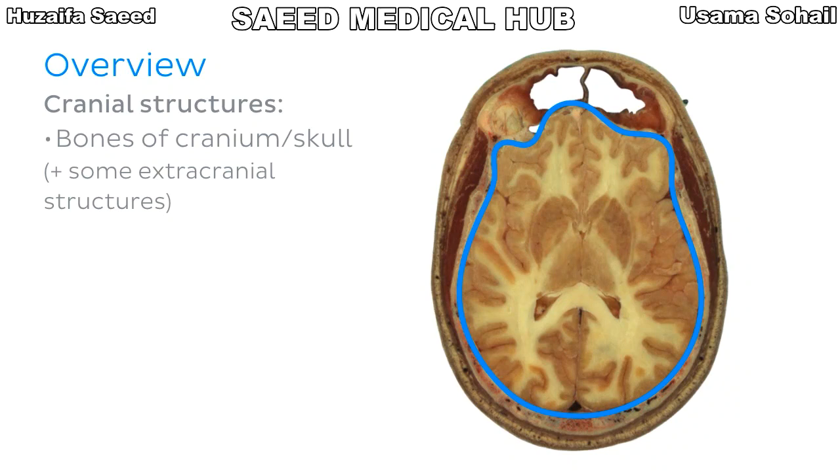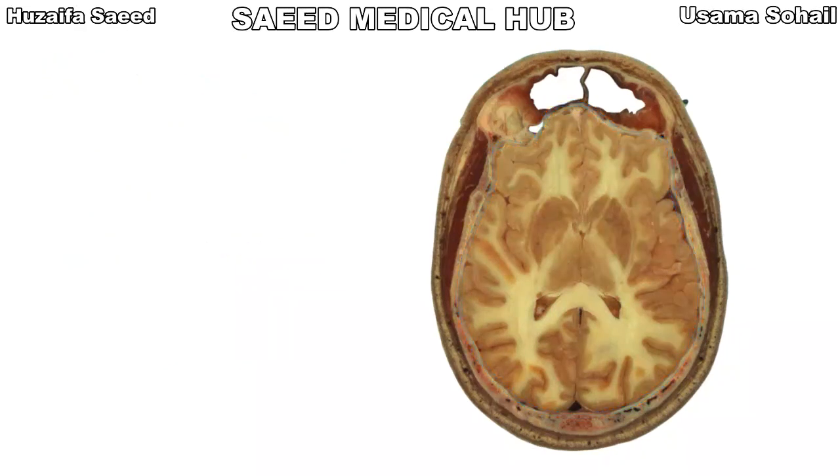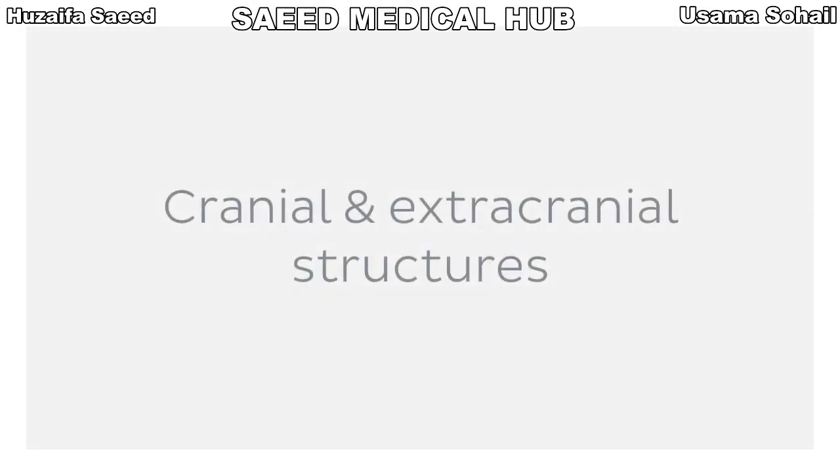After that, we will then get into the nitty-gritty of the intracranial structures found at this level, which will mainly center on a group of subcortical structures, such as the thalamus in the center of our cross-section, followed by identification of some structures and parts of the cerebral cortex.